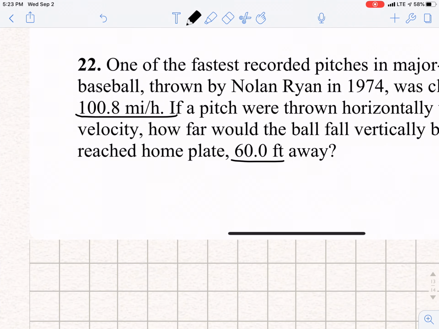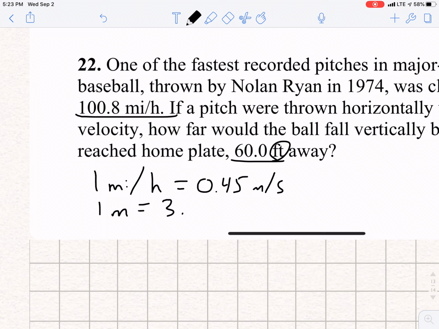In 1 mile per hour, there are 0.45 meters per second. And then for feet, I have to convert that to meters. So in 1 meter, there are 3.281 feet. Now, you never need to memorize these conversions. They're given to you. You can find them online, but you should know where to find them.